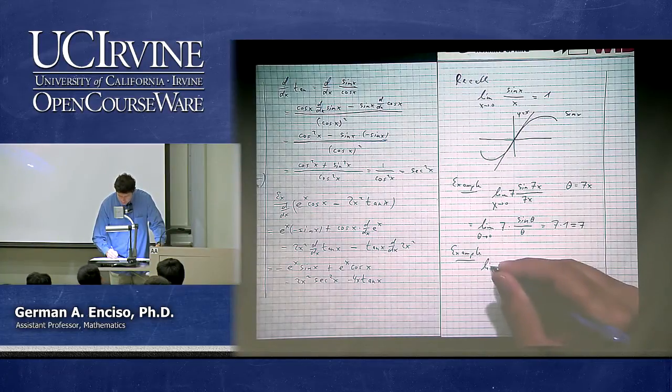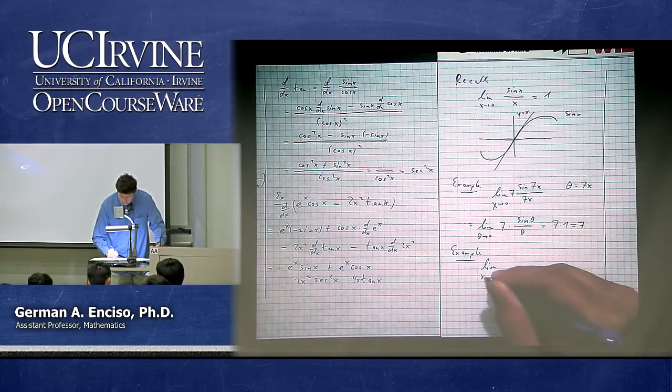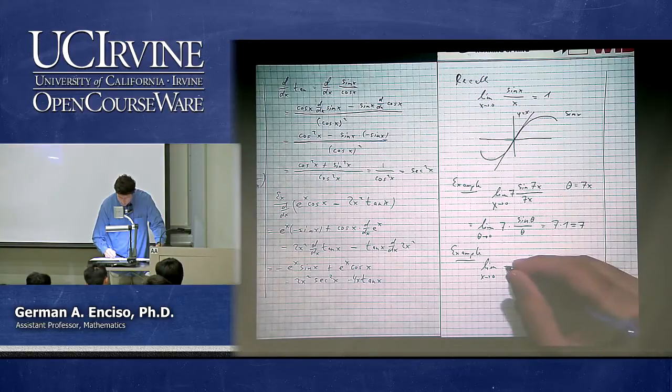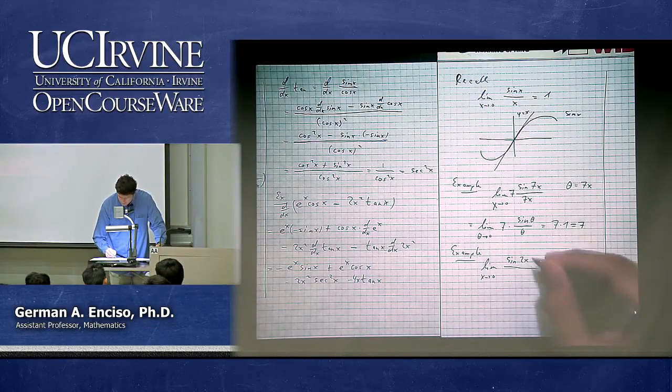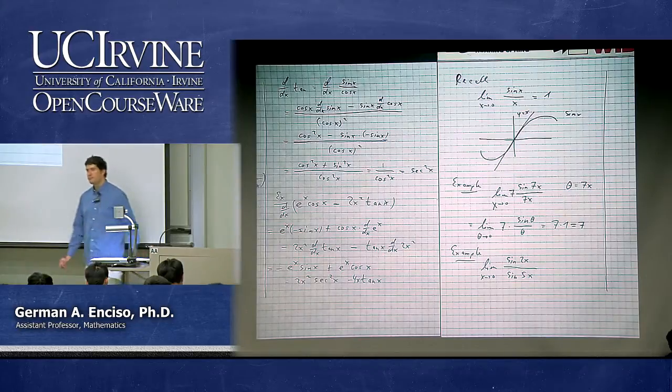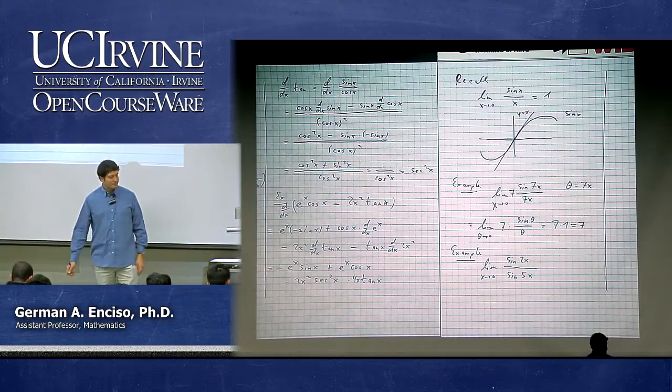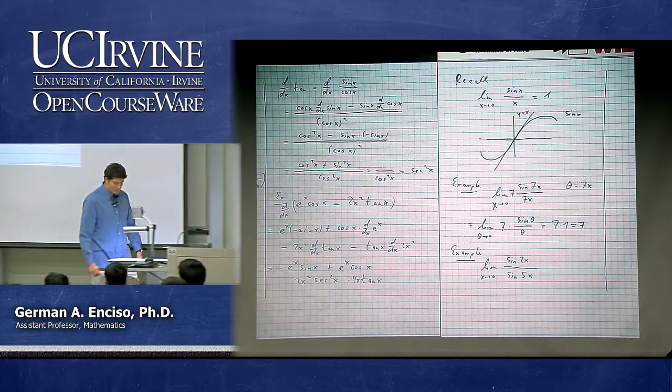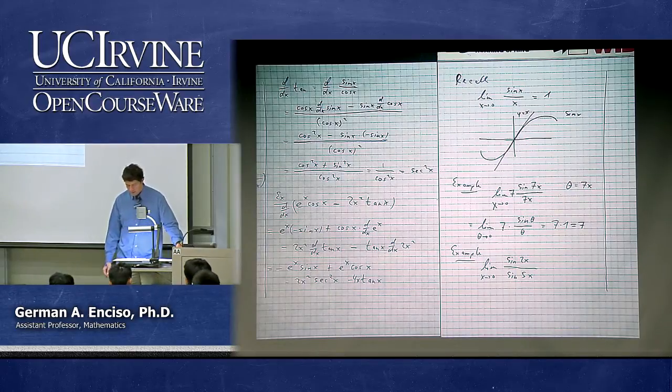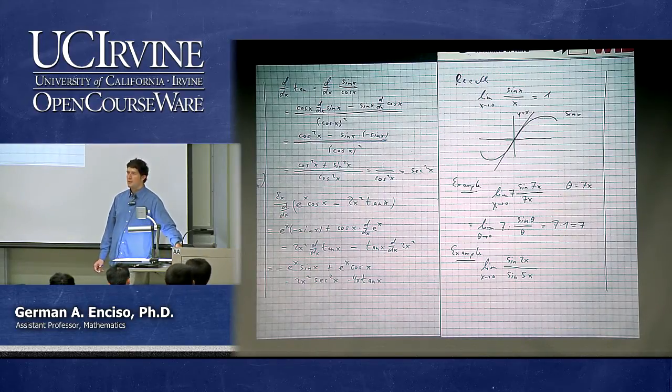And that is the limit when x goes to 0 of sine of 2x divided by sine of 5x. So this is harder. Any ideas to how we can solve this?